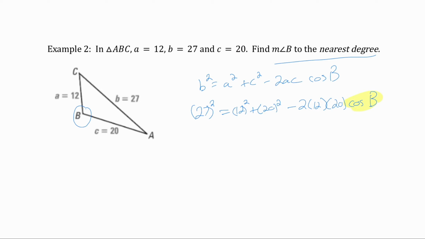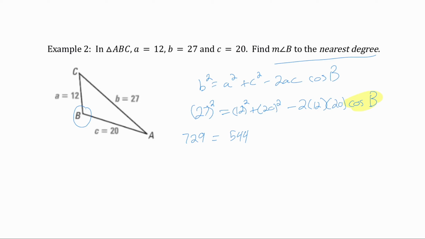So we've got a lot of movement to do with this. We've got a lot of things to simplify and move around. A lot of order of operations things are happening here. First thing I'm going to do is square my numbers. I have 27 squared is 729. Then 12 squared and 20 squared, I can just add those two together. So 12 squared plus 20 squared is going to get us 544.